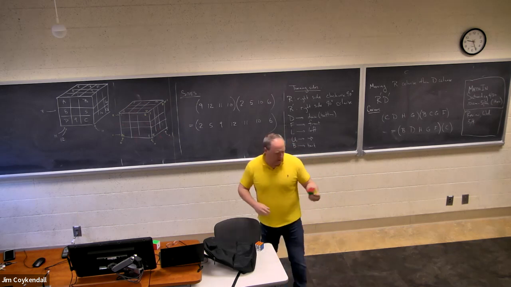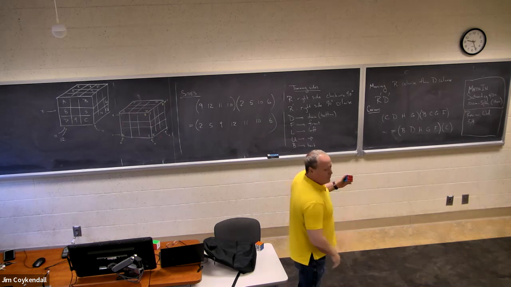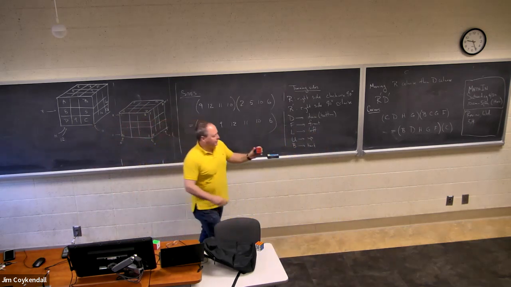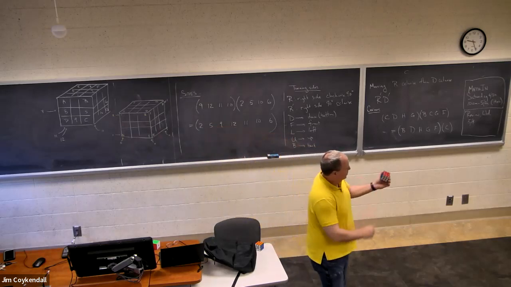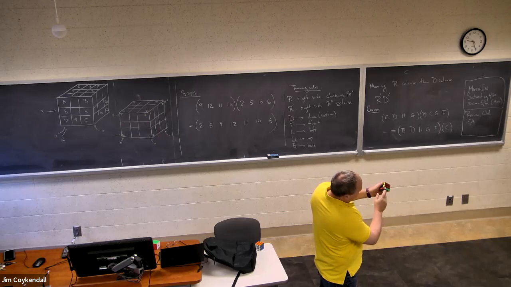for 35 here, so if we do this, actually, just for fun, let's see what happens to C. C should be this corner right here, the good old American red, white, and blue one, right? And when we do this, notice C is still in its place.